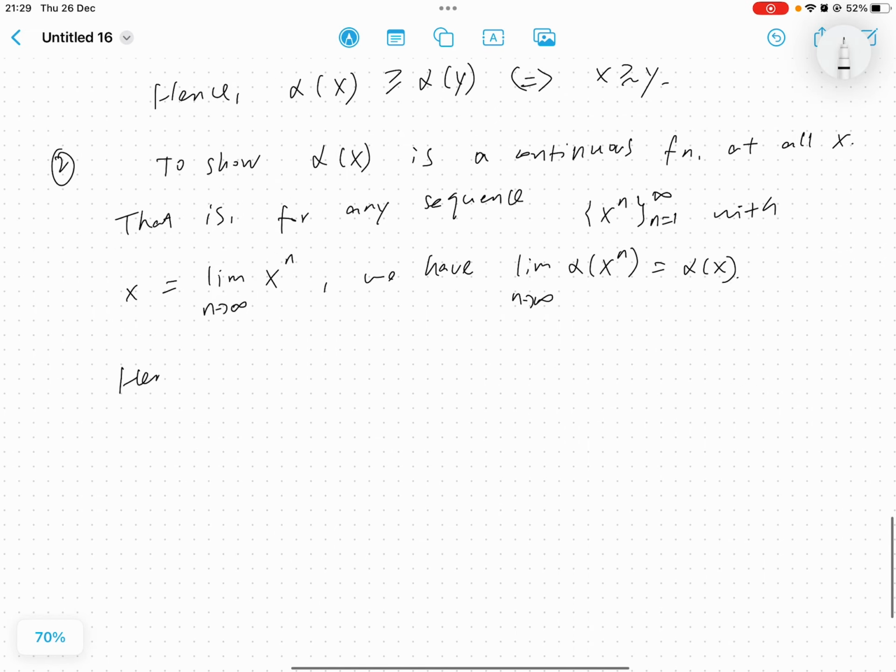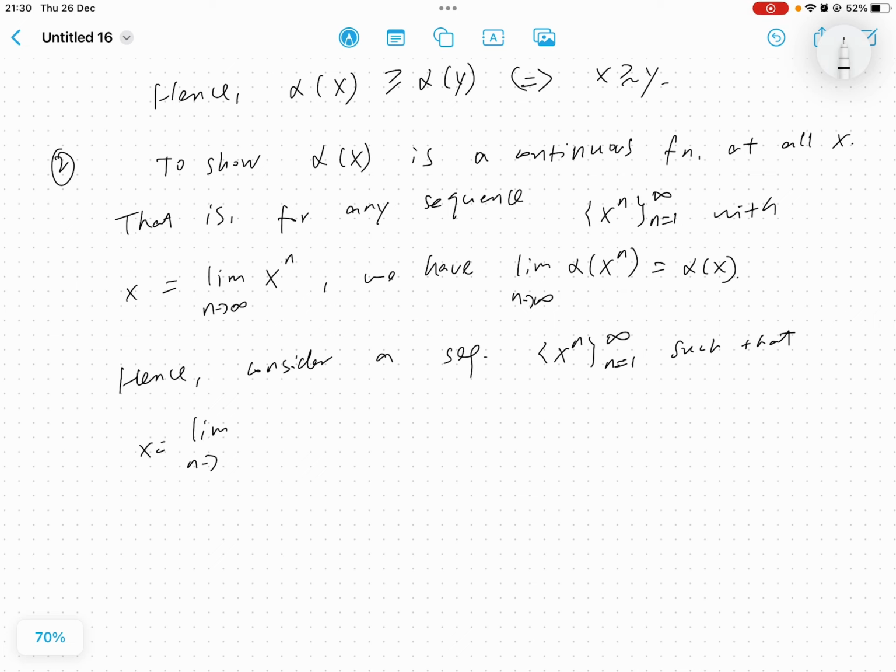Hence, let's consider a sequence xn, as we mentioned in the definition, n from 1 to infinity, such that x is the limit of xn. Good.